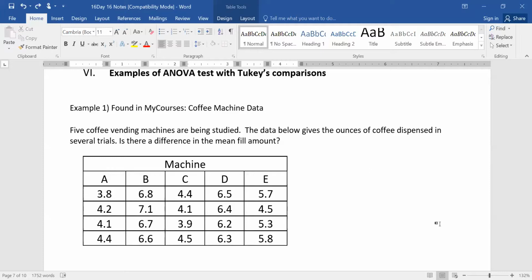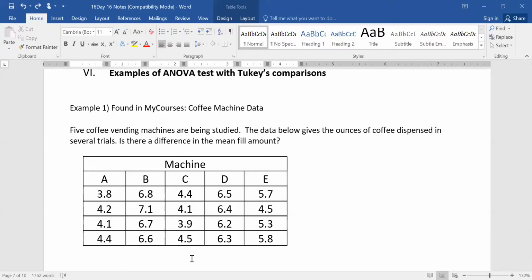So again, here we have our data like we did last class, where it looks so nice for us, right? The machine, and you can see there's machine A, B, C, D, and E. And then we studied 4 different times, right, when the cups were filled. And so now we have all this data, and it looks really nice this way.